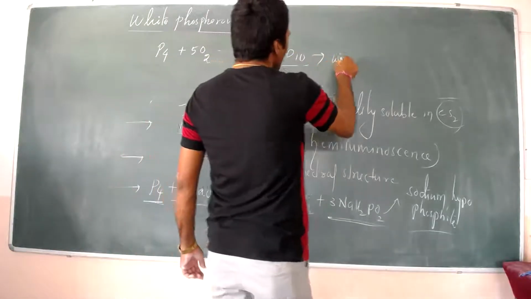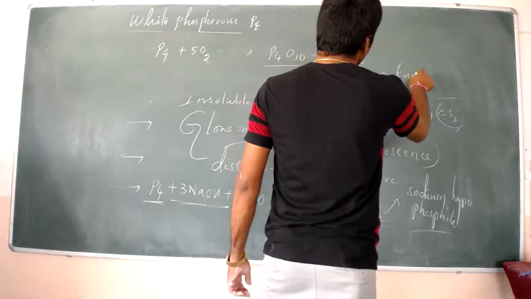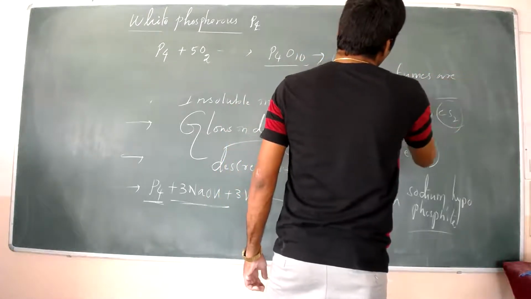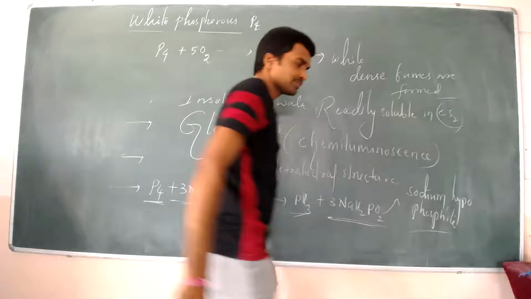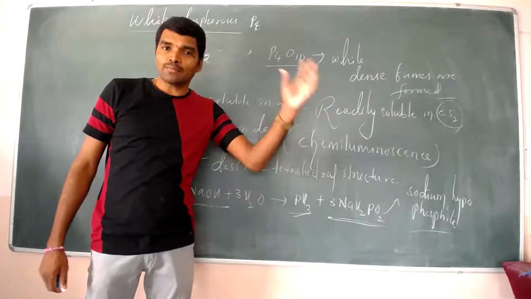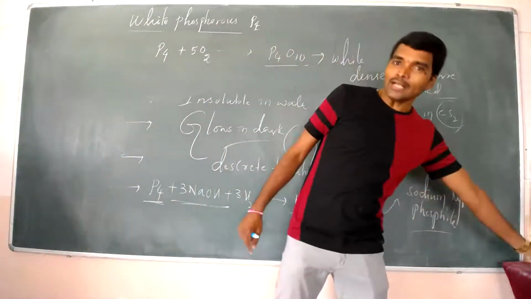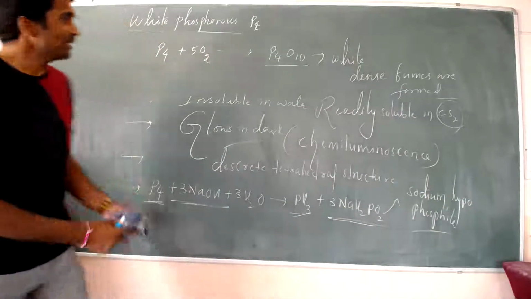White dense fumes are formed. So this is the information about white phosphorus. Now we are going to discuss red phosphorus.